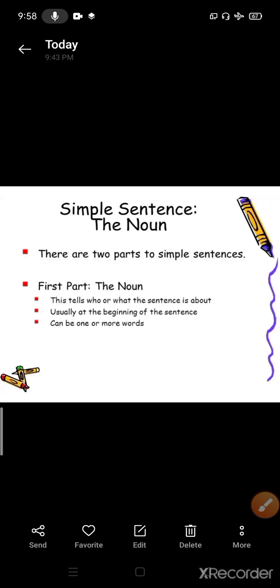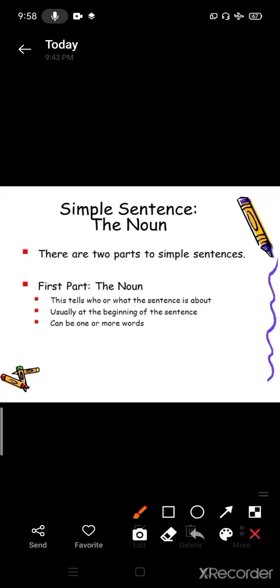There are two parts of a simple sentence. You should remember these parts. First part is the noun. This tells who or what the sentence is about. There are three things we need to remember.